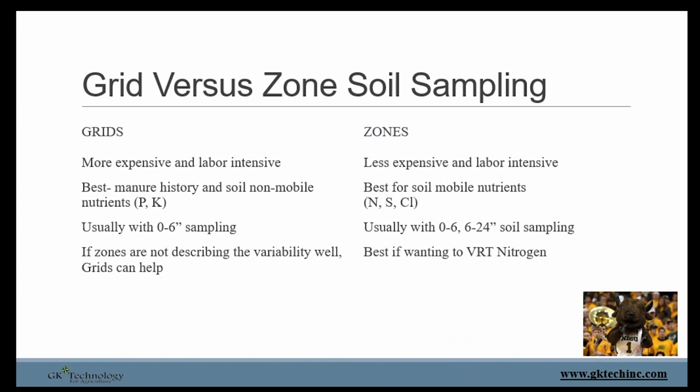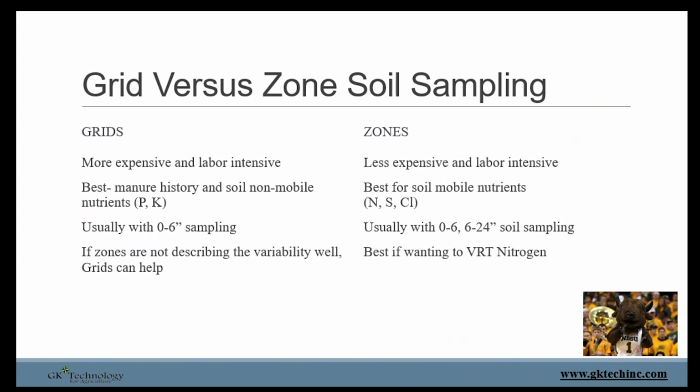The previous field that I showed you with the grids had 73 grids on it. So if you're pulling 10 to 15 cores, that's a lot of cores. When I normally soil sample that field, it has 5 zones on it, and those 5 zones usually have about 15 cores. That's a lot fewer cores on a zone soil sample.